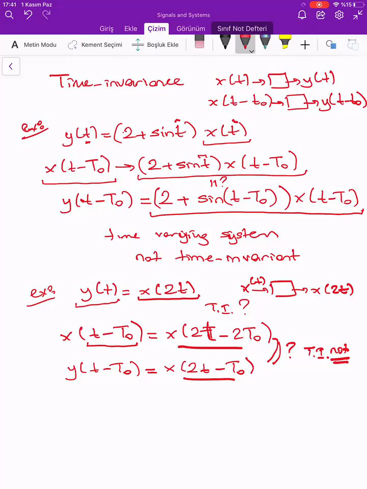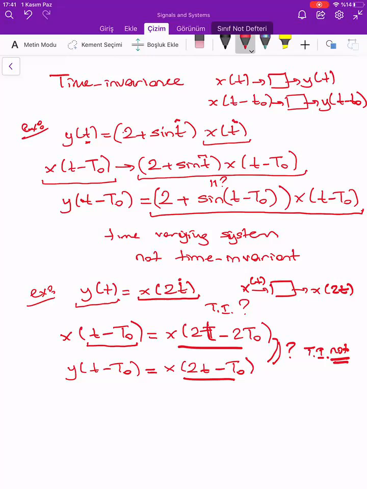If these two are equal to each other, then I would say time invariant. But if not, then it's not time invariant.